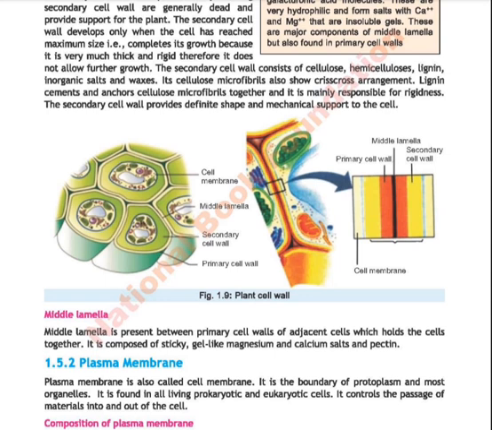The secondary cell wall develops only when the cell has reached the maximum size. It means the cell completes its growth, because the wall is very thick and rigid. Therefore, it does not allow further growth.